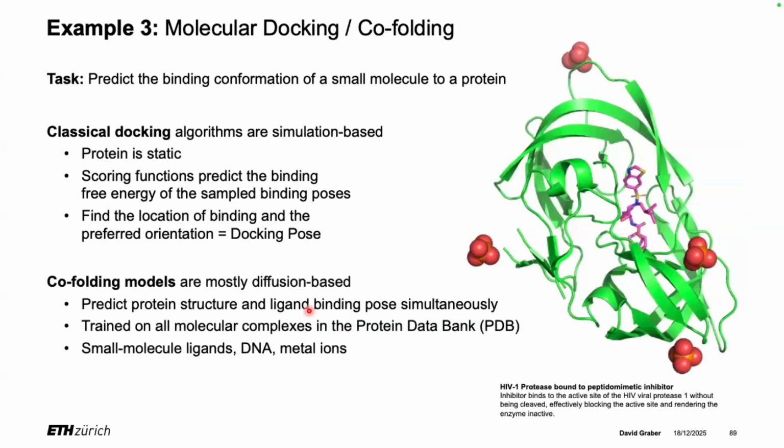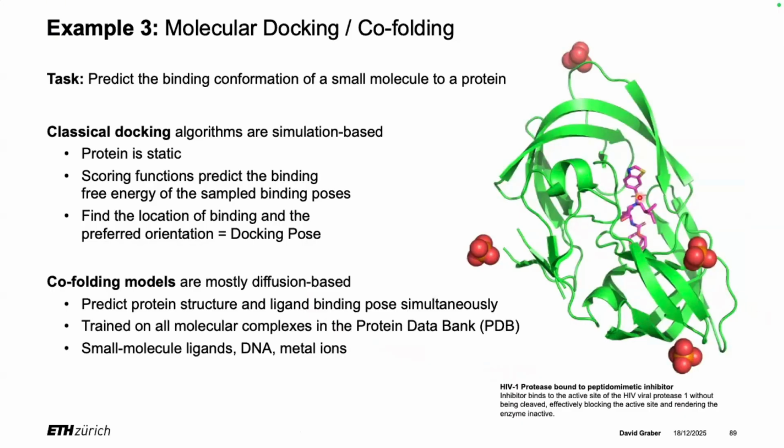And the co-folding models that we looked at last week, they are usually diffusion models, and they predict the protein structure and the ligand binding pose simultaneously. So they are trained on all molecular complexes in the Protein Data Bank, including small molecules and DNAs and metal ions.